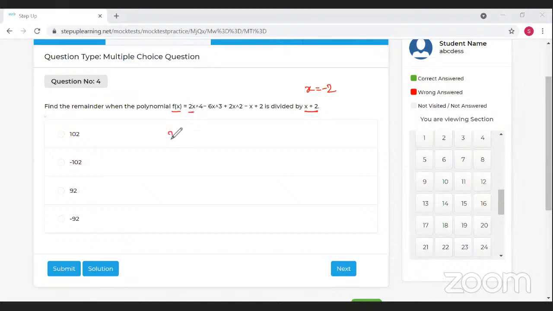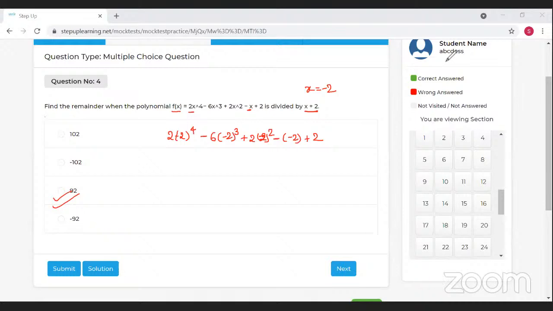So 2 into minus 2 to the power 4, minus 6 into minus 2 to the power 3, plus 2 into minus 2 square, minus 2 square plus 2. Just solve this. You will get 92 as the answer.